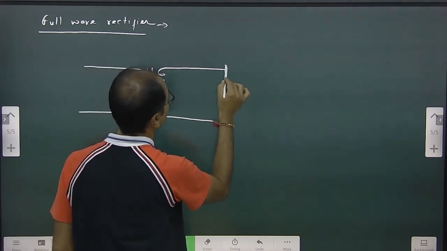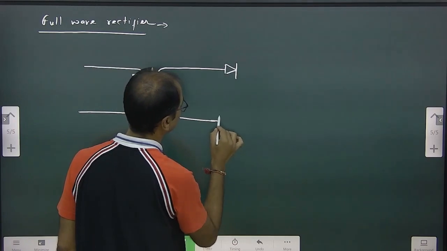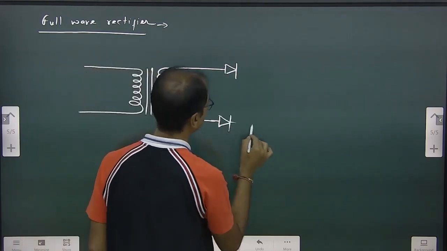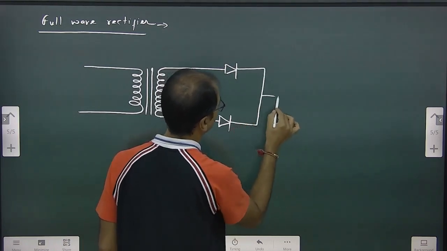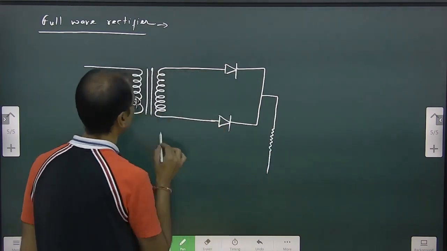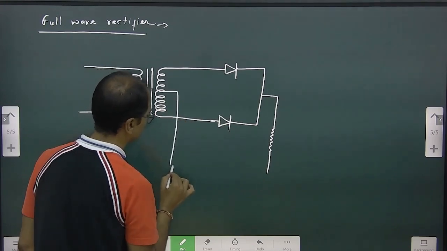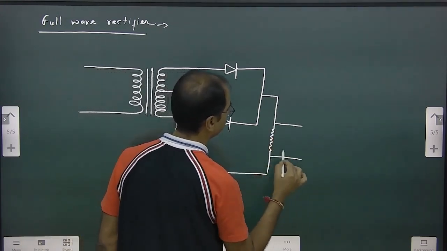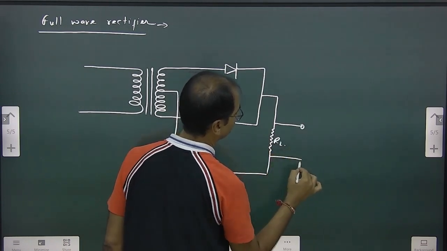Here we are making one PN junction diode, and here also we are making one PN junction diode. Then what? Here is the load. Then you connect it from the middle. This is the load, so the output will be taken from here.